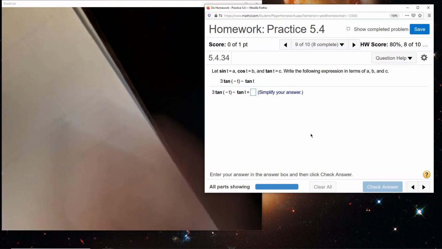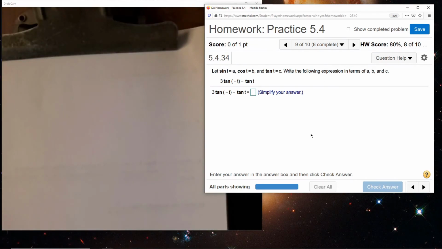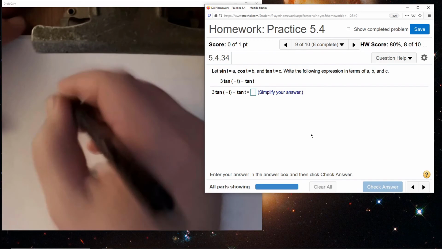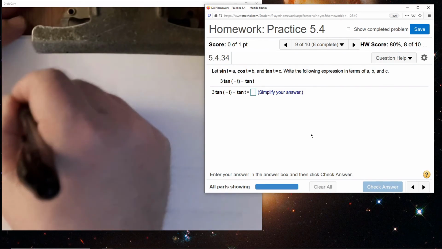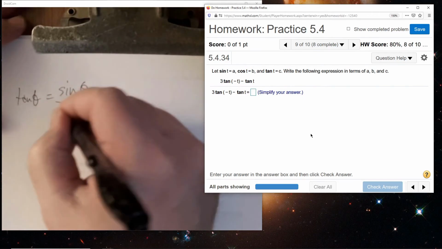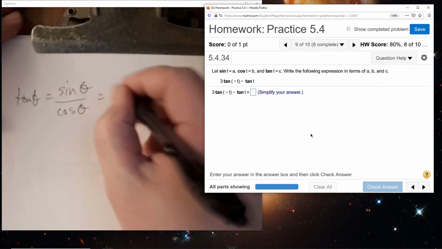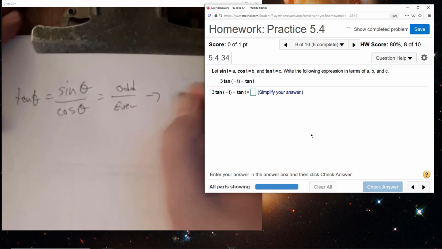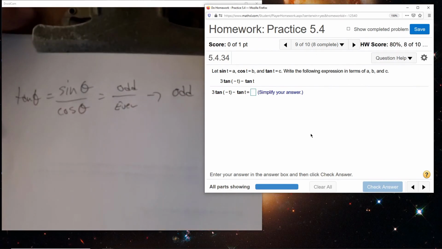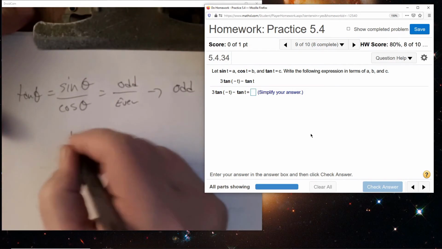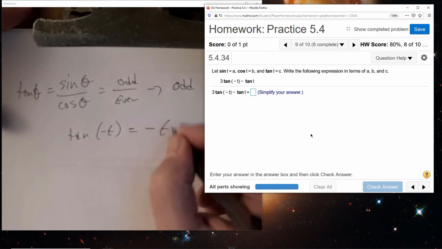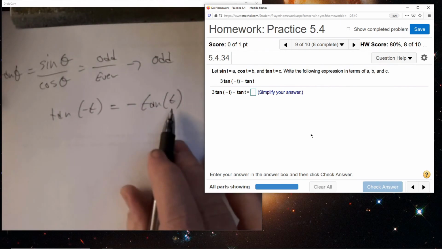We got another one of these. So we have tangent. Now, we didn't go too much into tangent. The book doesn't either. But tangent is an odd function, because sine is odd, over an even function, which actually turns out to make tangent odd. So tangent is an odd function. And what does that mean? Well, that means tangent of negative the input is exactly the same as the negative of the output, with a positive t instead.